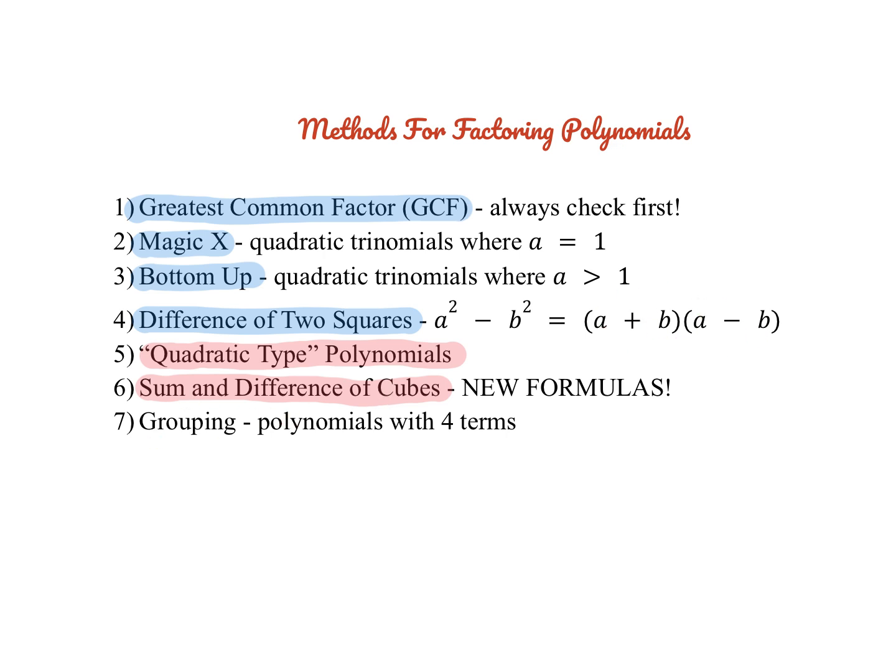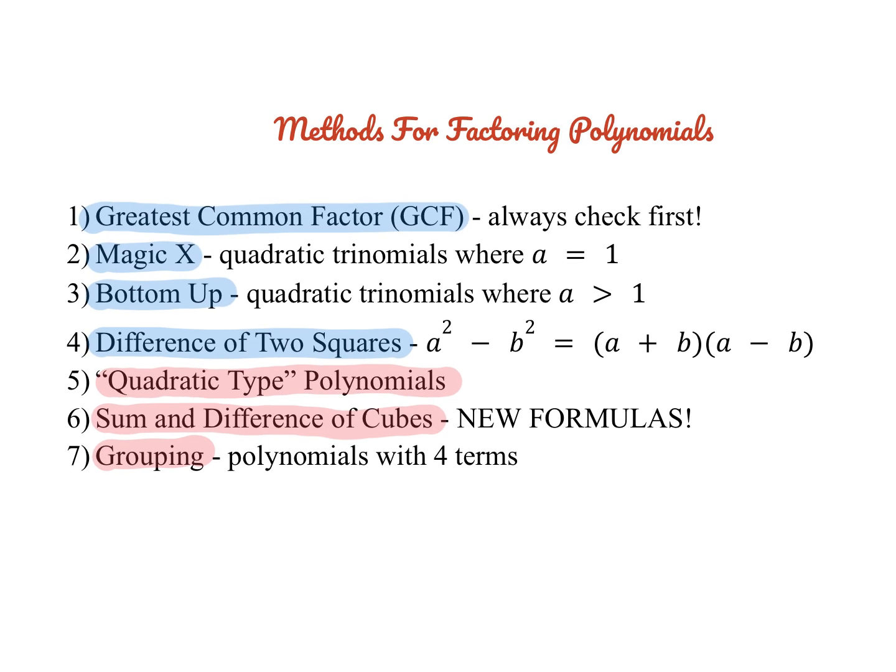And then we're also going to talk about grouping, which is a method we will use to factor polynomials with 4 terms. So if you look, over half of the methods that we use for factoring polynomials, we already know how to do. So it's just a couple new ones, and then we should be able to factor just about anything that we come across.